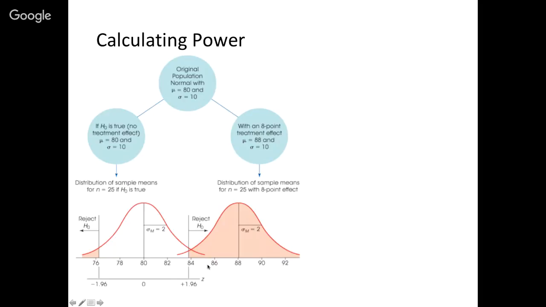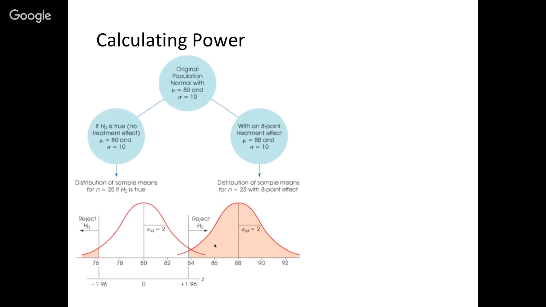If the sample mean here, this line, is located in the critical region, we reject the null because we know there is an effect.